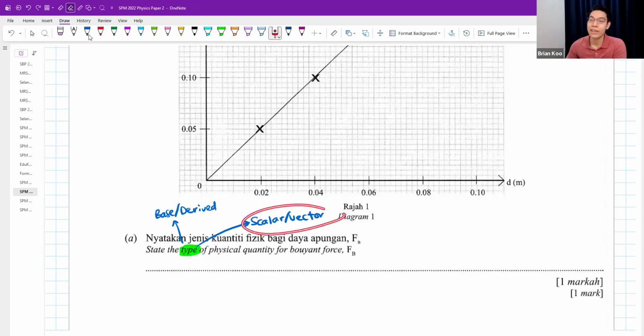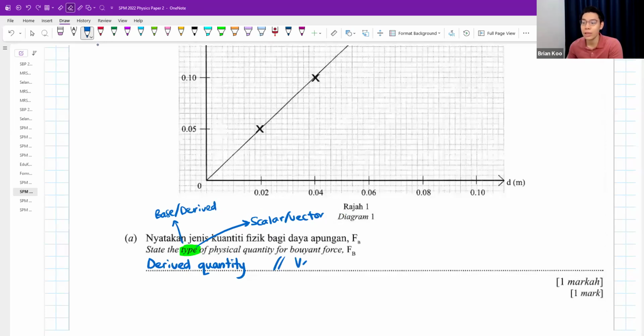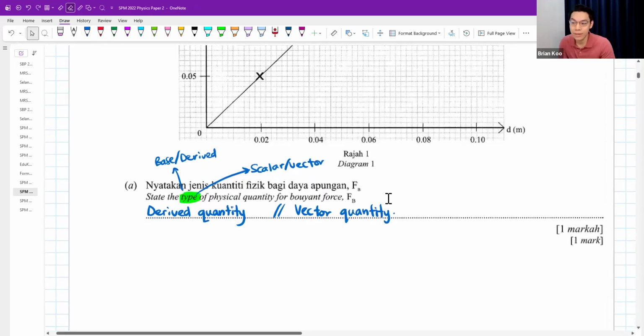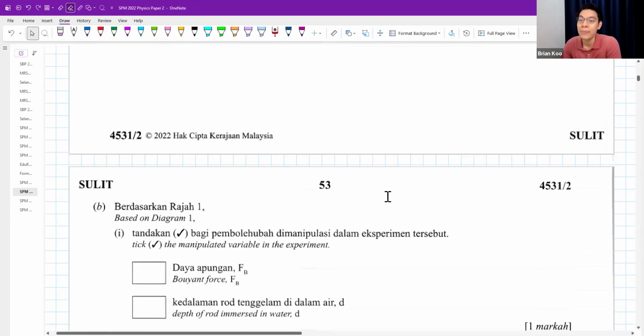Buoyant force is definitely a derived. Base is the most basic ones, like length, time, or mass. You can also say it is a vector quantity because force has direction, and normally a buoyant force is pointing upwards. So either one, you just write one only in exam.